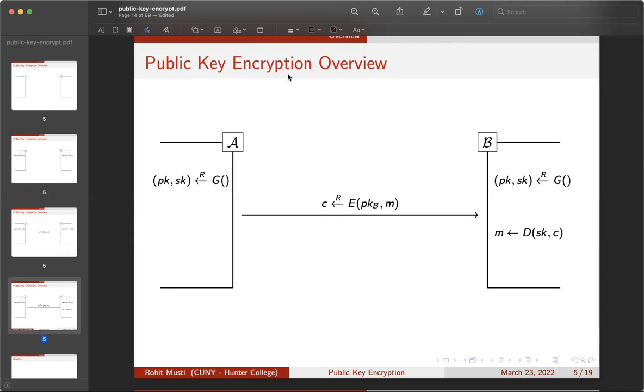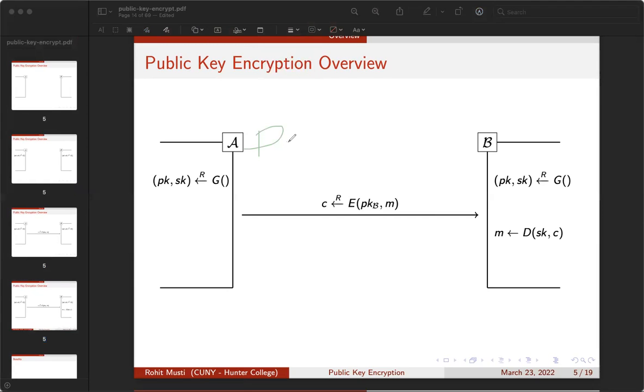Let's come up with an example. Let's say our public key is 1, 0, 1, 1, and our secret key is 1, 1, 1, 0, and our message is... okay.